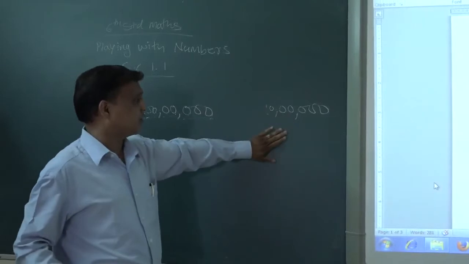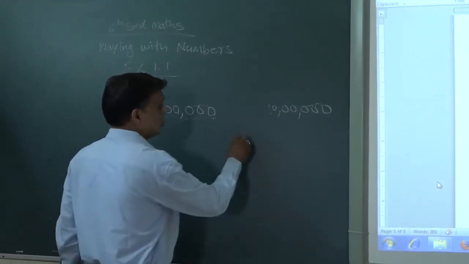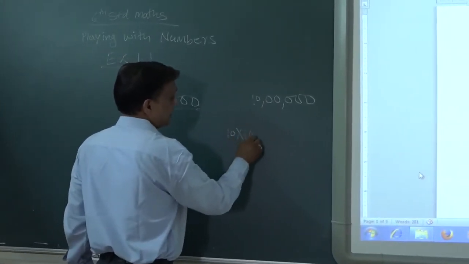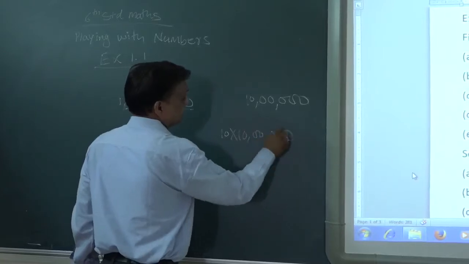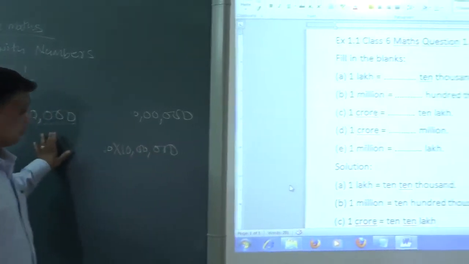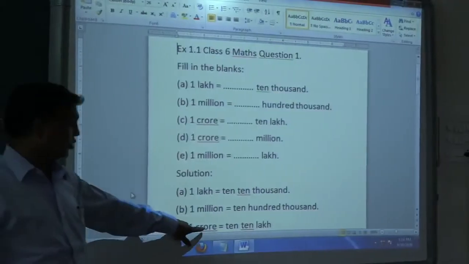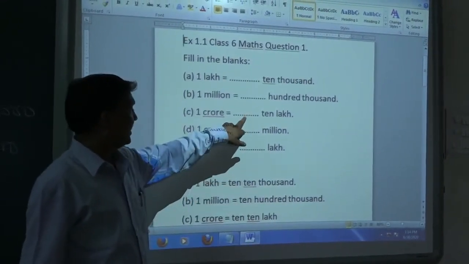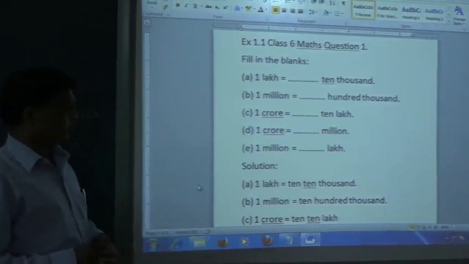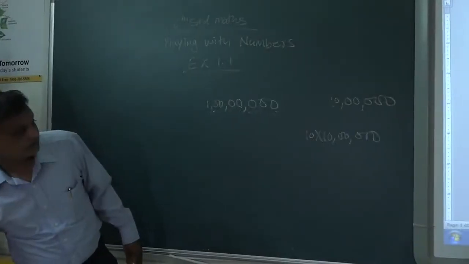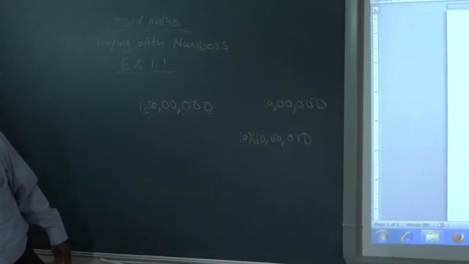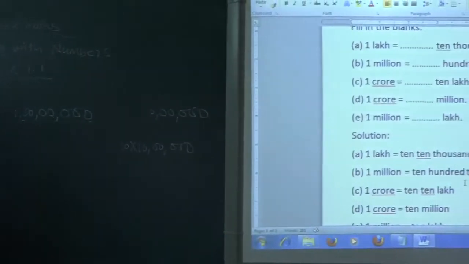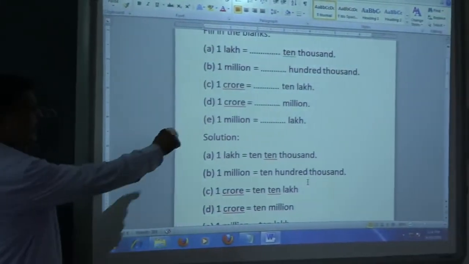And in 10 lakhs, there are 6 zeros. So 1 zero is less here. 1 zero means 10. So 10 multiplied by 10 lakh gives 1 crore. So the answer is 1 crore is equal to 10 times 10 lakhs. Now next question.